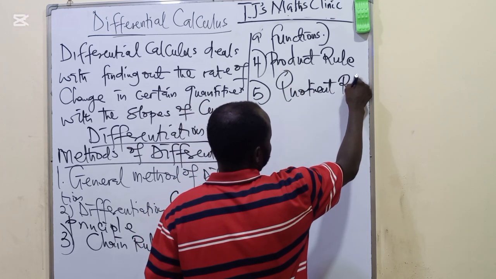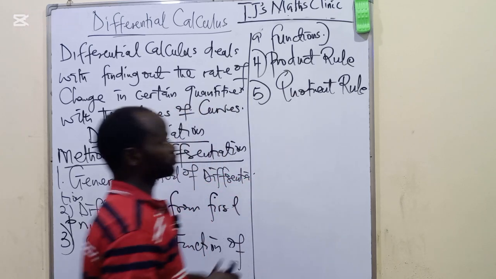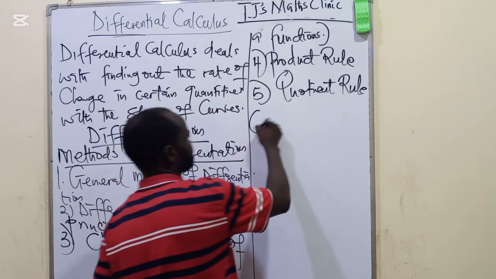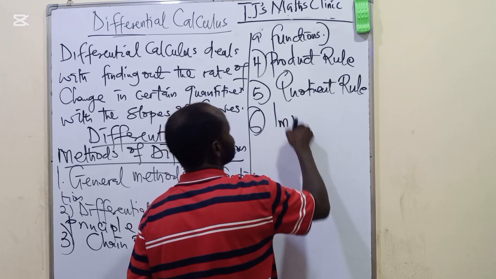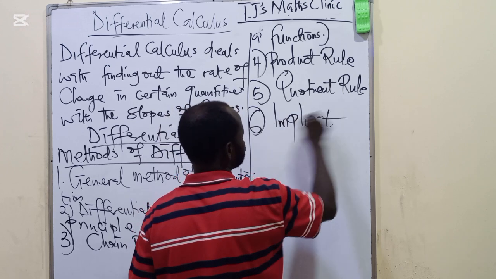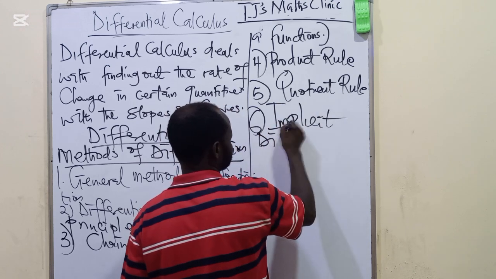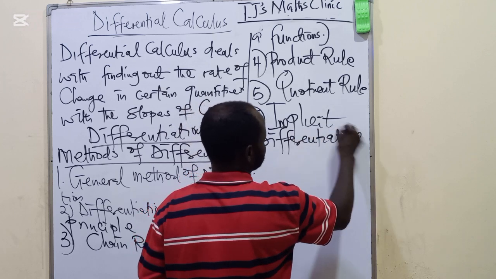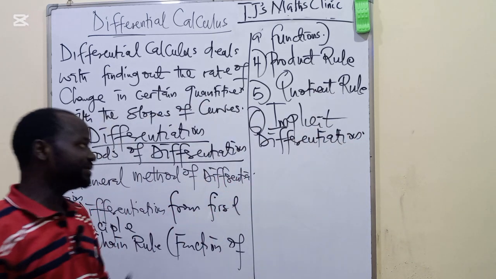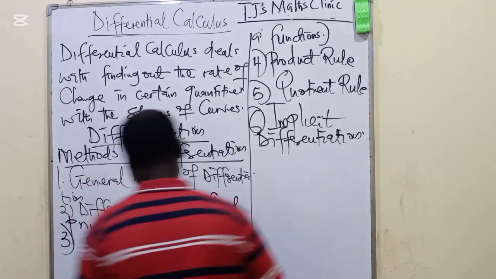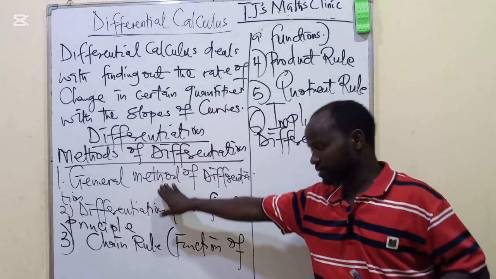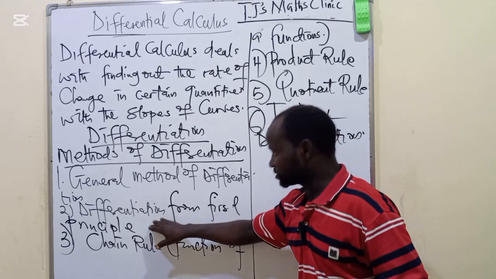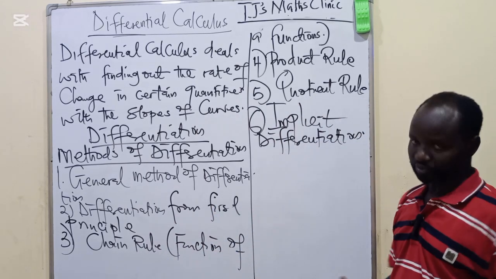Then number six, we have the implicit differentiation. So we'll consider only the general method in this presentation. In our next presentation, we pick differentiation from first principle.